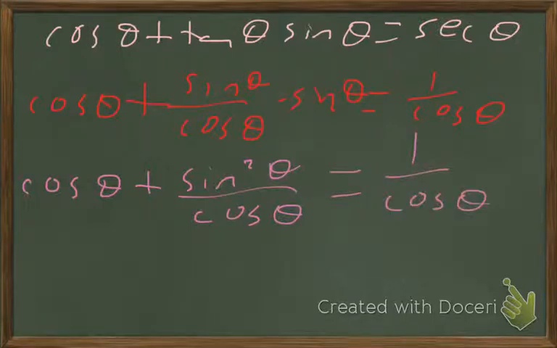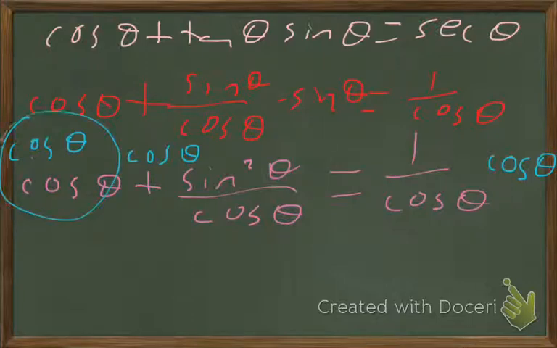Now I don't know about you, but I personally do not like fractions, so since I have cosine theta, I'm going to multiply by cosine theta on both the left side and the right side to absolutely everything. So cosine theta times cosine theta here, cosine theta times sine squared theta over cosine theta, and cosine theta times 1 over cosine theta.